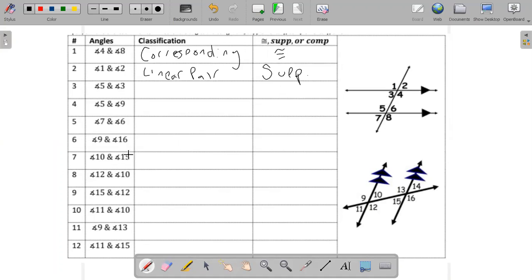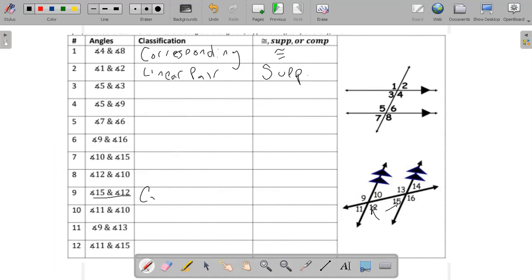Okay, so let's look at angle 12 and angle 15, down here, number 9. If I look at 15 and 12, down here and here, they are both on the same side of the transversal, both on the bottom, so they could be consecutive. If I clap my hands together, notice how my hands are both going to touch 15 and 12, which means they are on the inside.